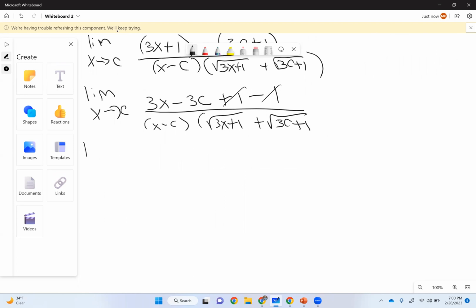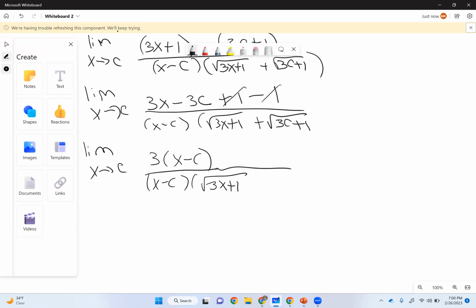All right. So in the numerator, we can pull out a 3. So it's the limit as x approaches c of 3 times x minus c over x minus c times radical 3x plus 1 plus radical 3c plus 1.